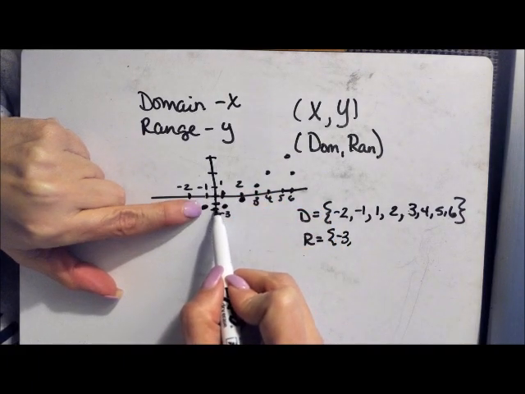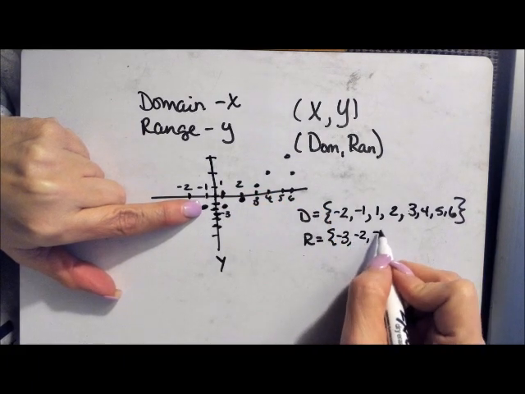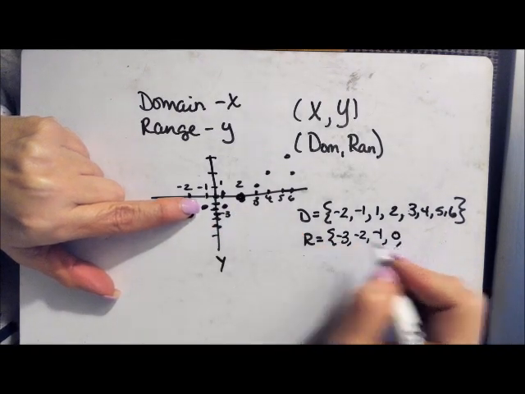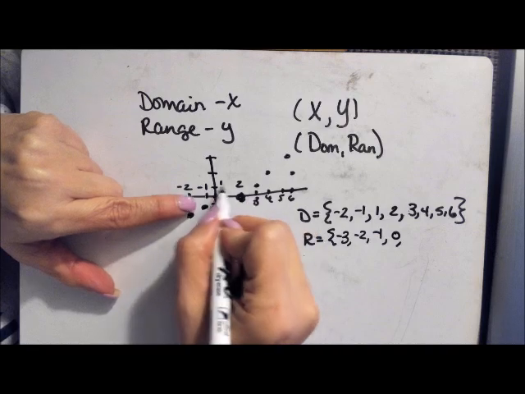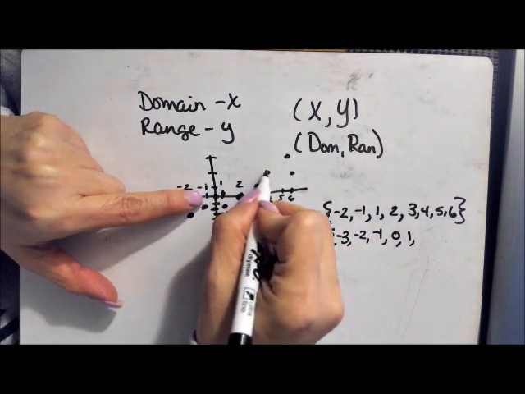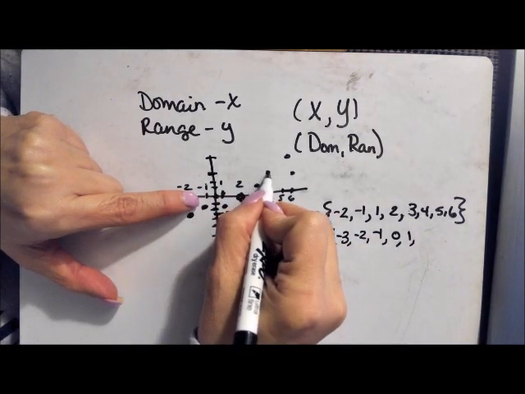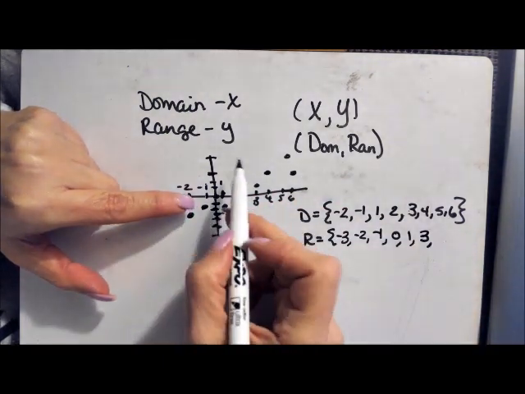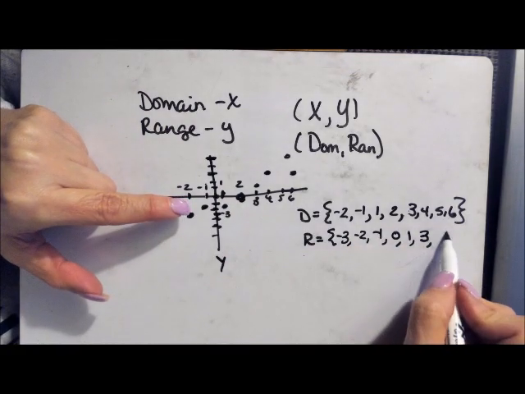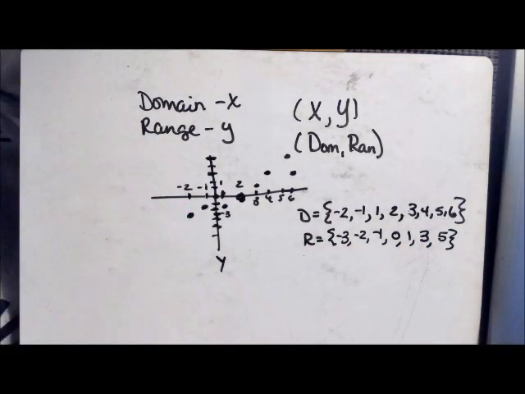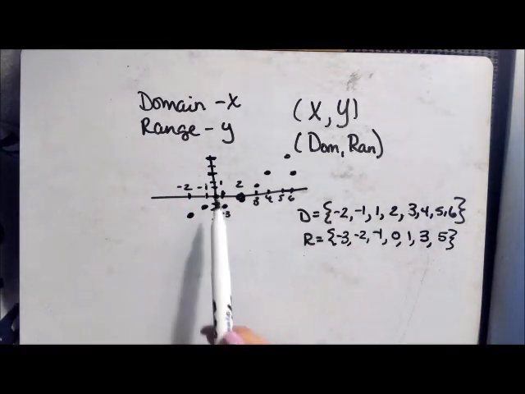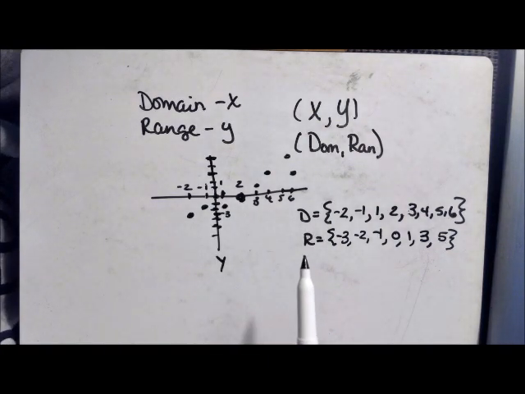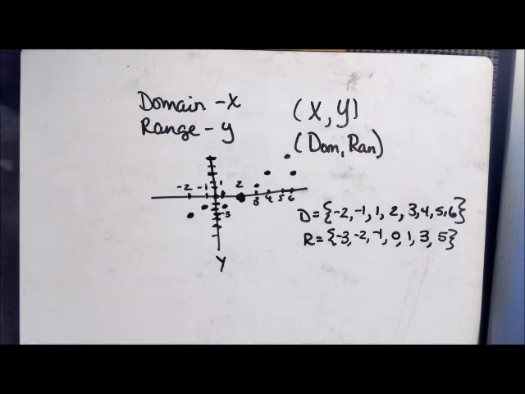One at -3, we'll say -2, -1, one right here at 0. Again, the Y value right here would be at 1. The Y value here we'll say is at 3. And there's two of them right there, but I only need to list it once. And then 4, 5, and then we'll say it's up here at 5. So, very distinct values. I'm just listing where the points are. Or I'm looking at the ordered pairs and I'm just writing down the domain and range. Sometimes that's easier to do too.